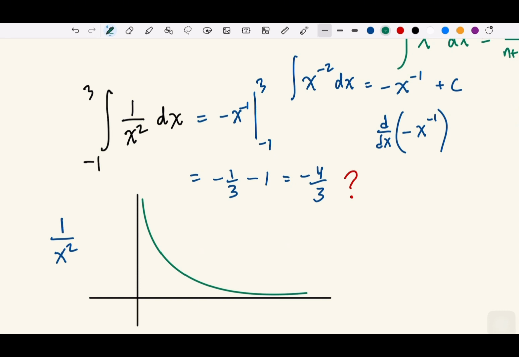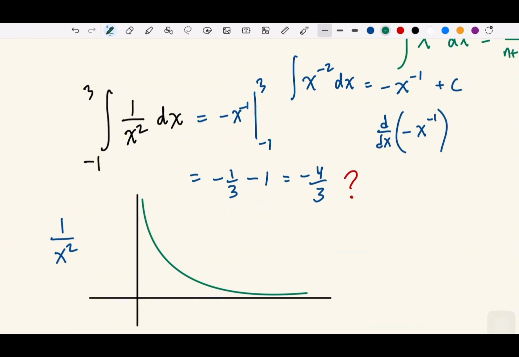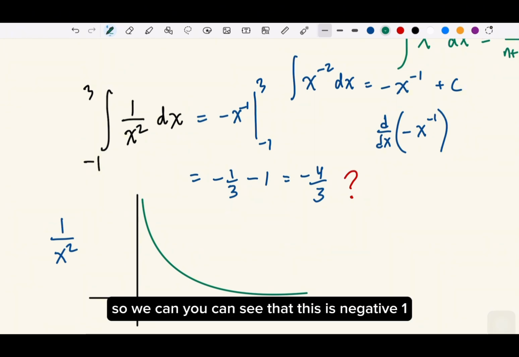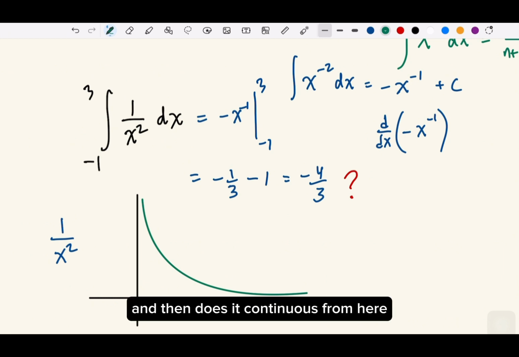You get the logic? That means that there's something wrong with this. So you can see that this is negative 1. Where's negative 1 here? And then, does it continuous from here to here? No. Because it's not continuous, this is going to be wrong conclusion.